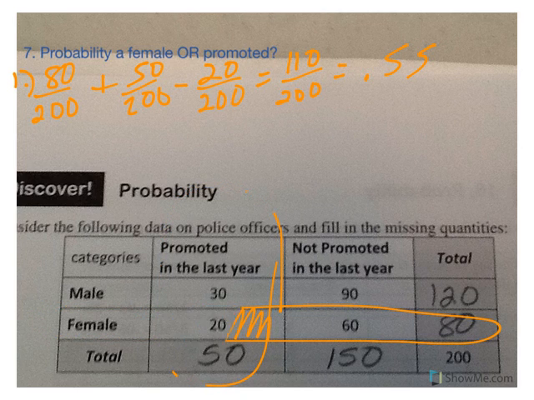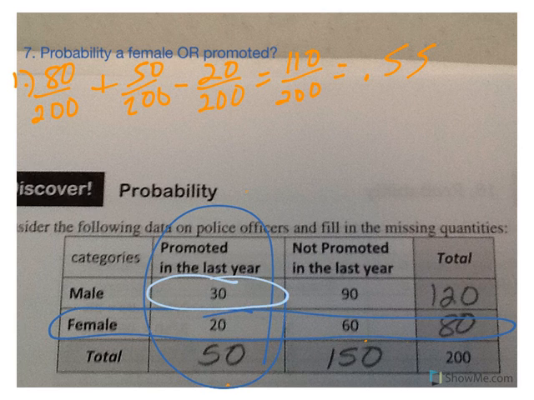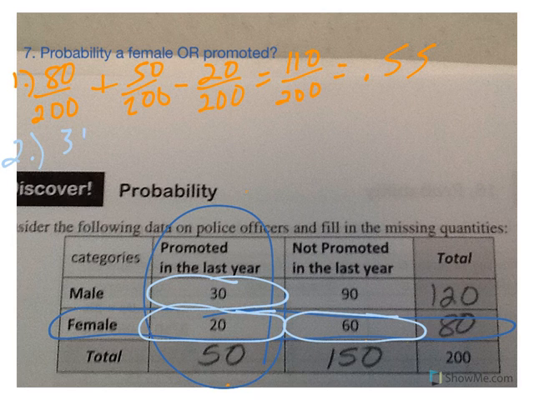The other way, let me change colors for effect. Let's go to blue. We're still dealing with female or promoted. We've got 3 pieces that are involved here. So the second method would say I've got 30 males who were promoted, I've got 20 females who were promoted, and I've got 60 straight up females who were not promoted.